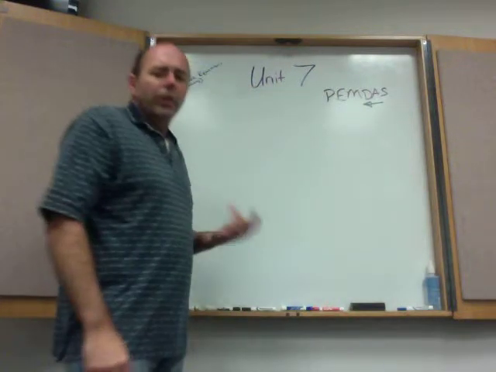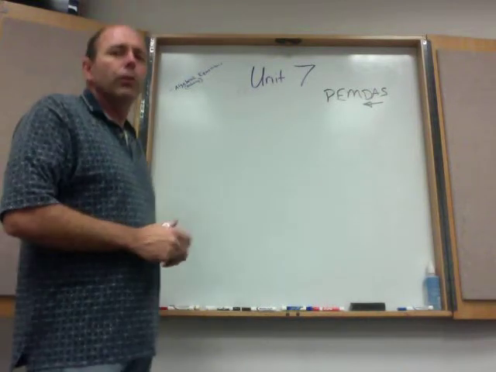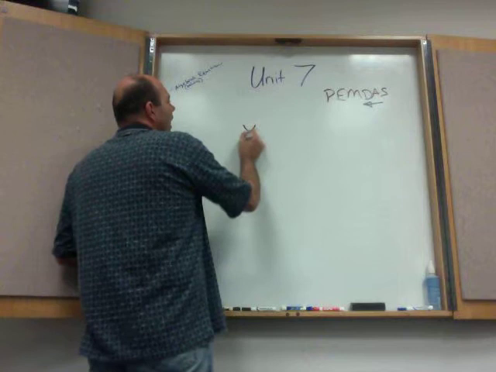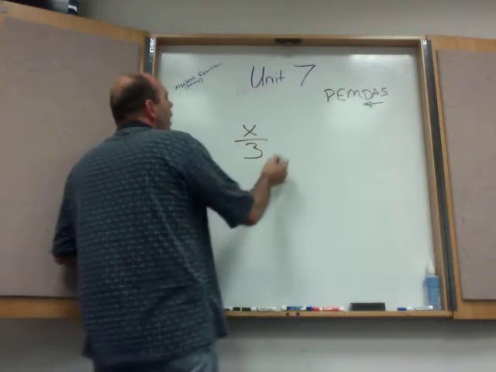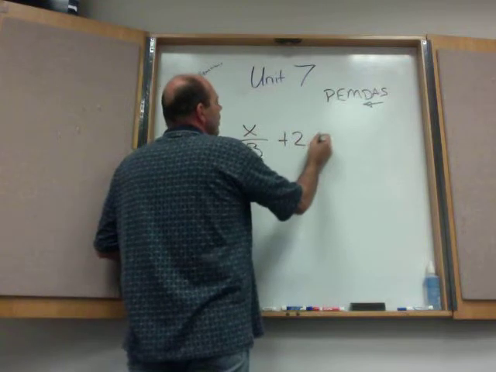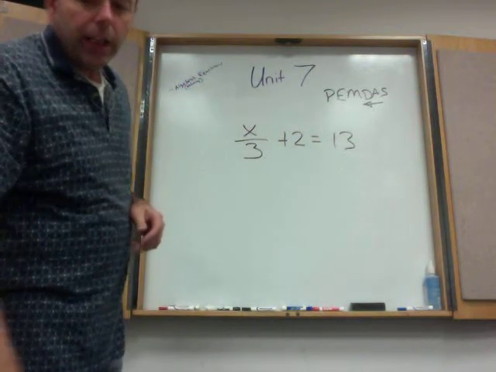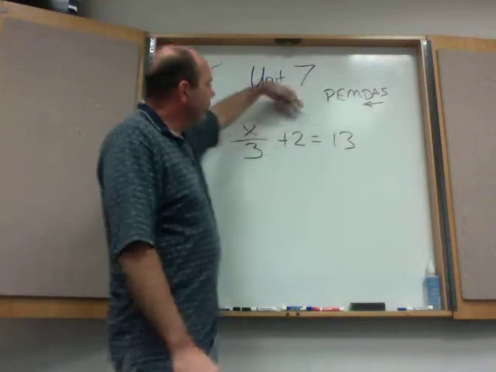So let's do one that deals with division instead, because for some reason that really throws people for loops. If I have x divided by 3 plus 2 equals 13. Okay, again, I'm going to SADMEP. So any addition or subtraction?